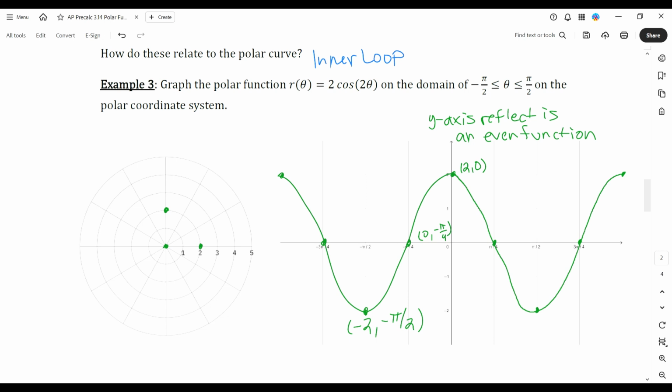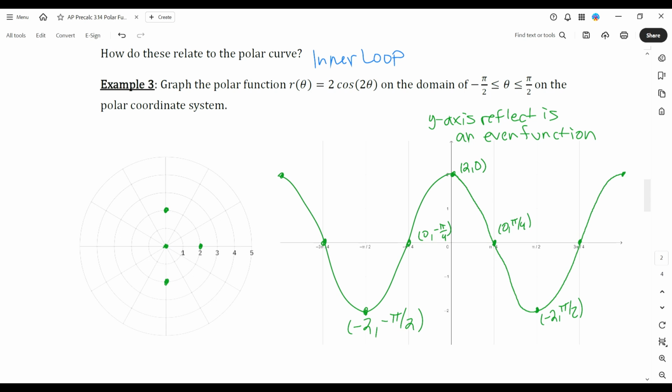Next point is 0 comma pi over 4. I'm back at the origin. The last point is negative 2 comma pi over 2, reflected across, so that point is all the way down there. So 0 negative pi over 4 and 0 pi over 4 are the same point.